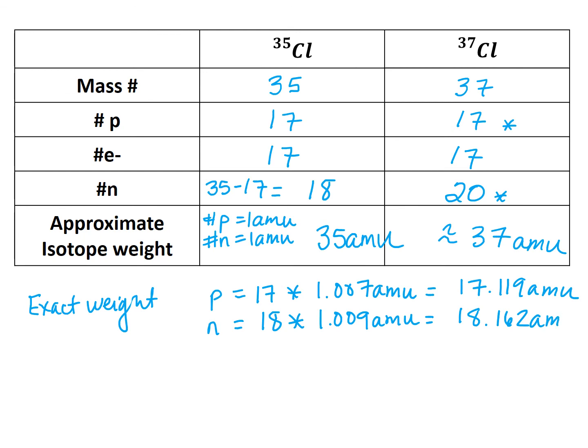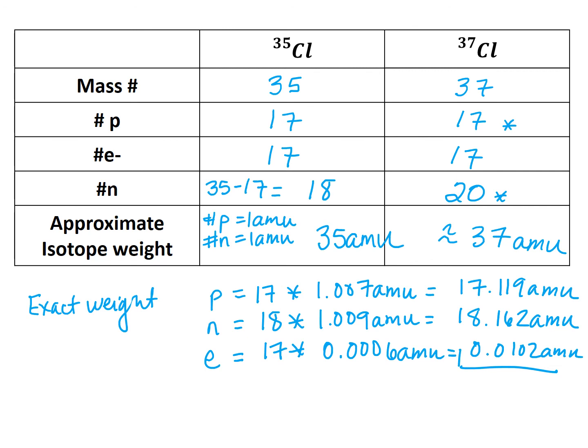And the last one is the electrons, and we've got 17 electrons, and we times that by 0.0006 AMU, and that equals 0.0102 AMU. We add these three numbers together and we get 35.291 AMU.